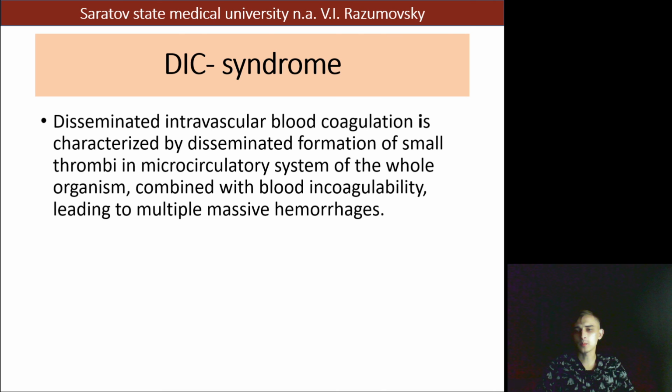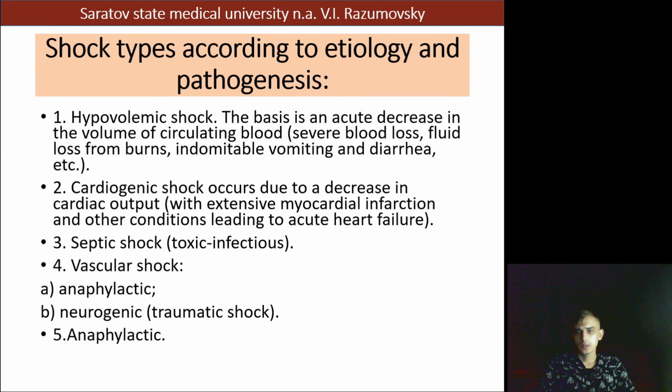Shock. Shock is a clinical state connected with a decrease in cardiac output, enlargement of the microcirculatory system, and impaired autoregulation, characterized by generalized inadequacy of tissue blood supply, leading to structural changes in internal organs. Types of shock. It may be hypovolemic shock.